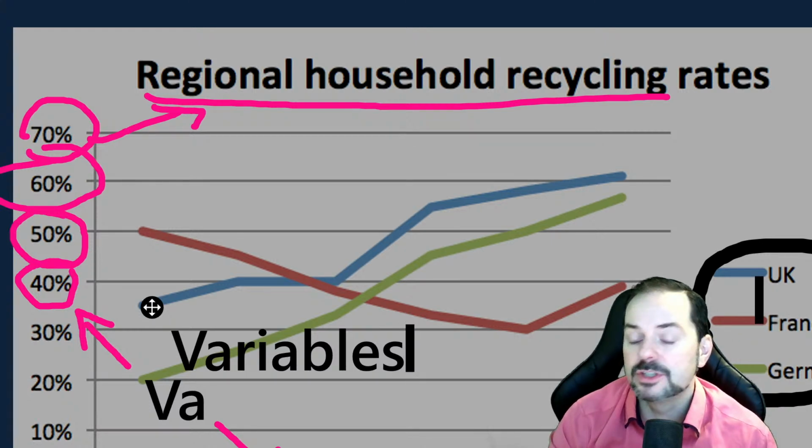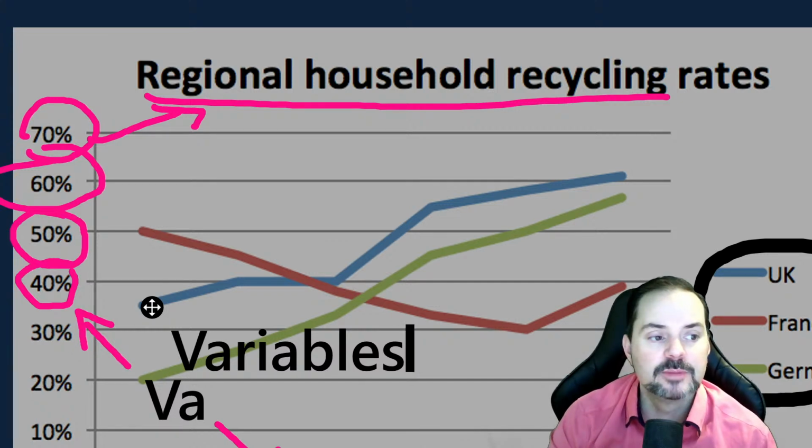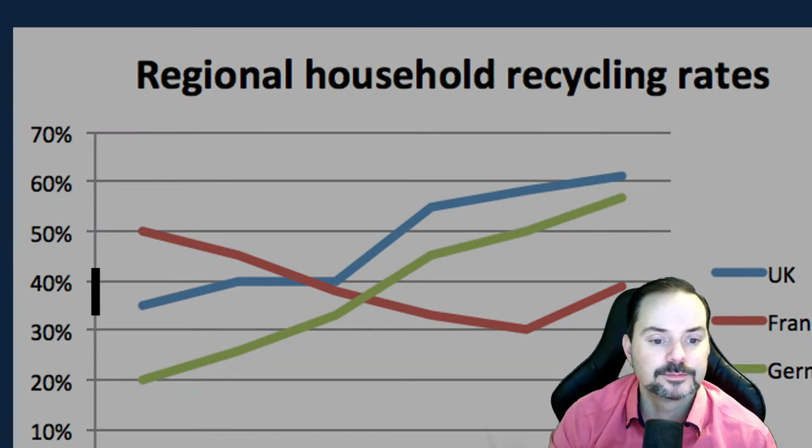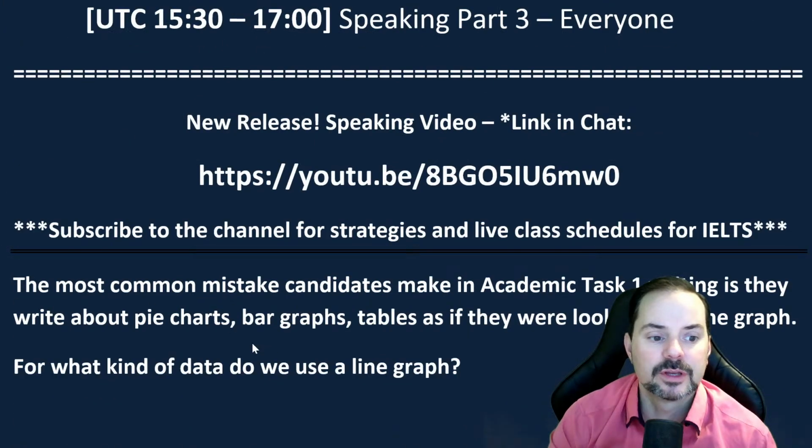That's because the countries don't change, they remain the same, but the percents and the years change for each country, so they're the independent variables, okay? So those are some important words. So make sure to learn these words and write down the definition, okay?